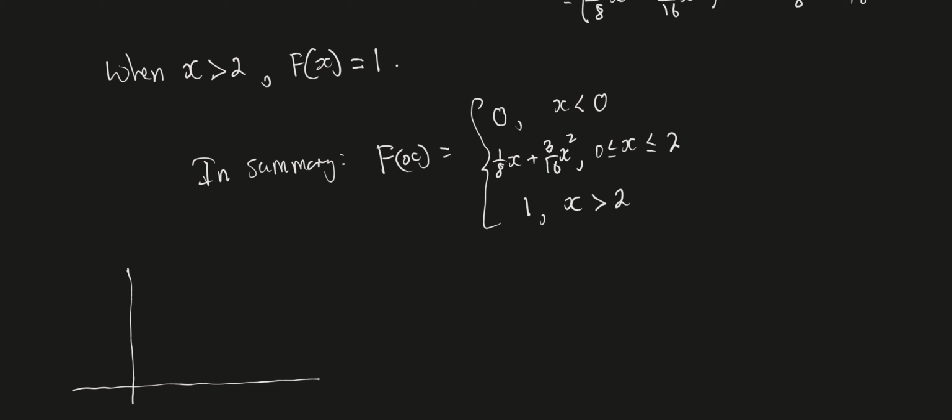If I sketch the PDF, you're probably tired of seeing this sketch, but this is what it is. 0, and then my linear function there, and then 0 again. So this is little f of x.